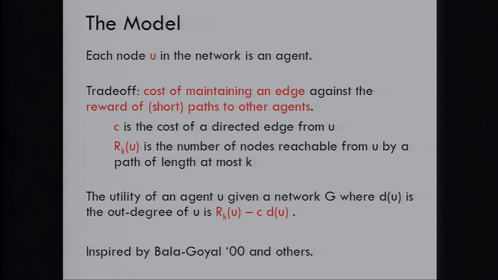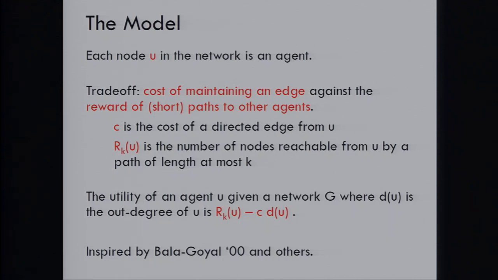So each node is an agent, and it is up to them to decide which directed edges they want in this network. And of course there's a trade-off. There's a trade-off between the cost of maintaining this follow, but you get some reward, which is via short paths to other agents. In particular, any path of length at most k, we're going to count as having some value for that agent.